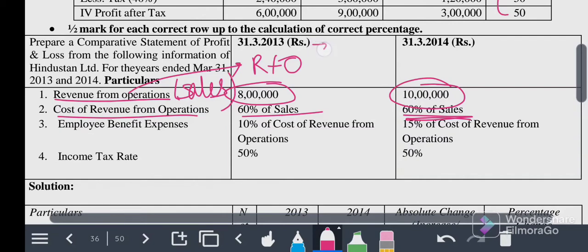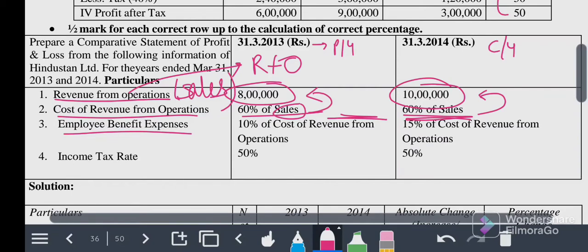So 2013 is the previous year, then this is the current year. In the previous year, 60% of 8 lakh and 60% of 10 lakh will give you your cost of revenue from operations. Then you have employee benefit expenses, 10% of cost of revenue, whatever amount you get here. You need to remember, in total revenue you have revenue from operations and other income.